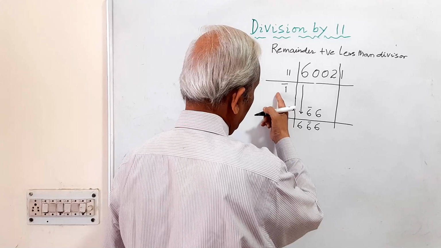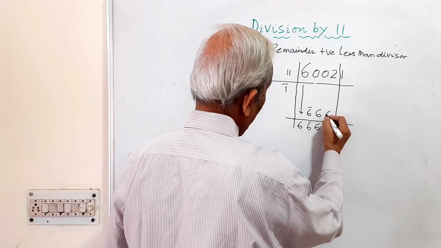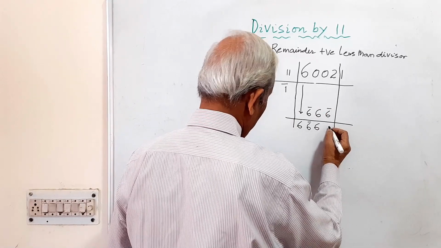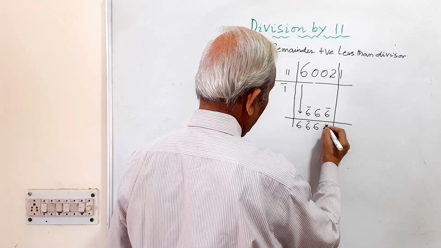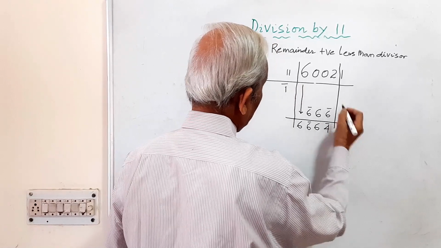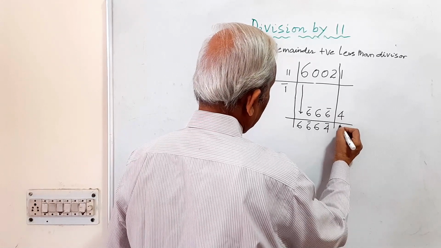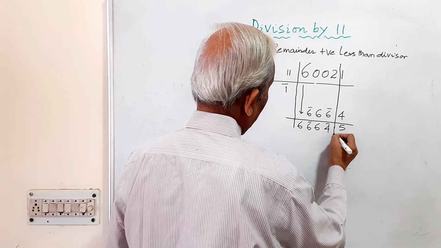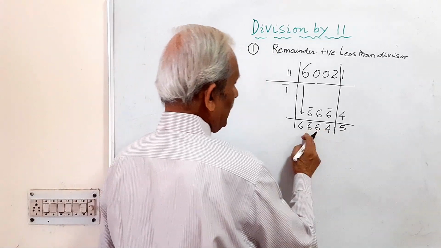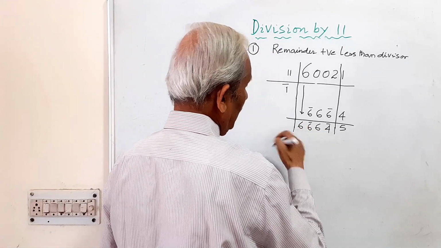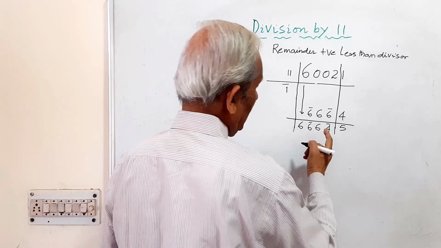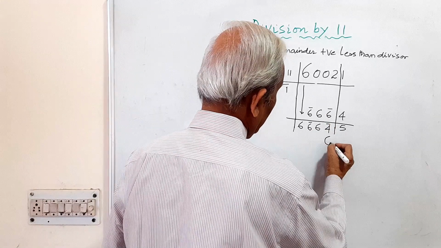6 into minus 1, 1 bar, is 6 bar. And it becomes 4 bar. 4 bar into 1 bar is 4. Answer is here. Remainder is 5. Now there are 2 bars here which we will convert through devinculation. 10 minus 4 is 6.